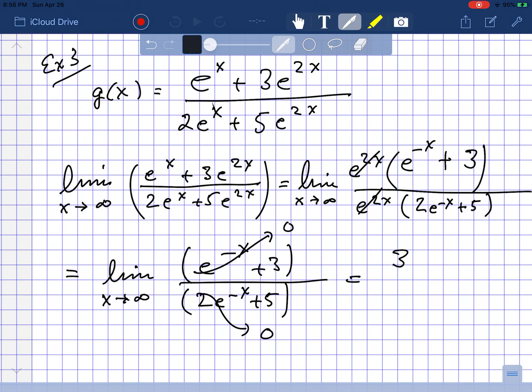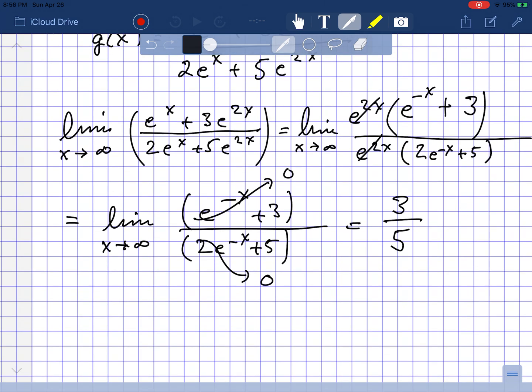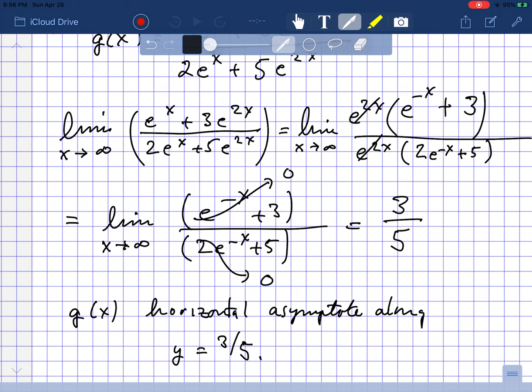So my numerator is going to tend to 3, and my denominator is going to go to 5. Okay. So that would tell me that this function g of x that we have written down has a horizontal asymptote along the line y equals 3 divided by 5. Okay.